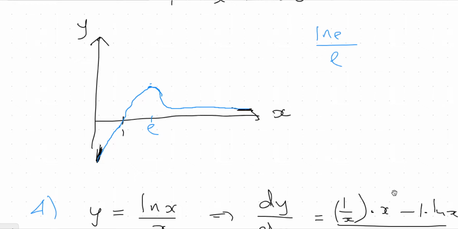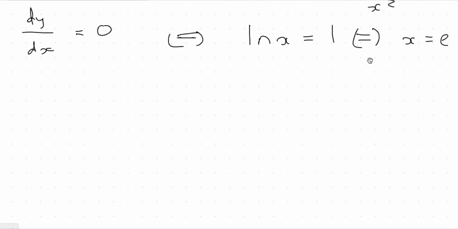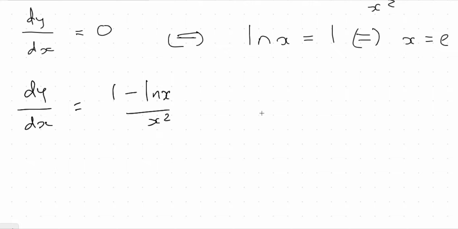And if you really do want to see that this is a maximum, do not take the second derivative. Rather look at the sign of the first derivative. So we can see the first derivative was 1 minus log x over x squared. What's happening at x less than e? Well, log x is going to be less than 1, sorry.